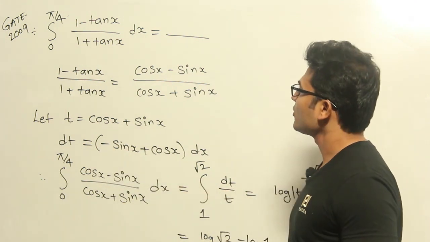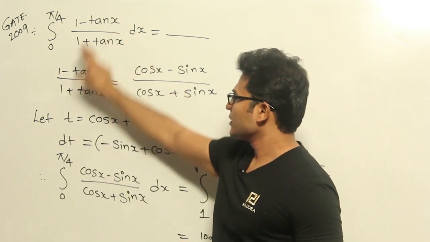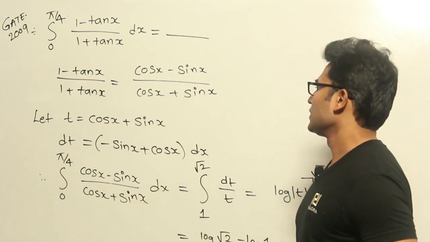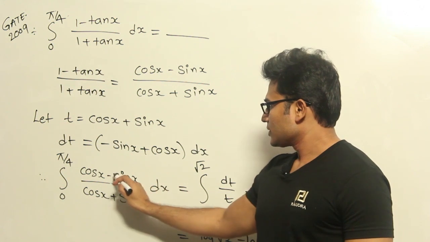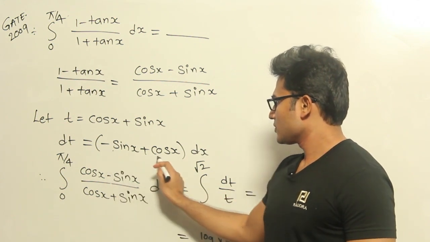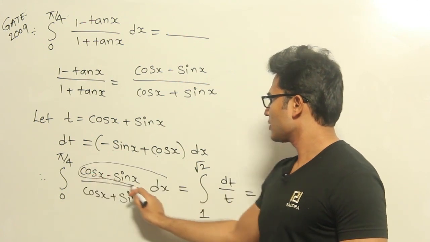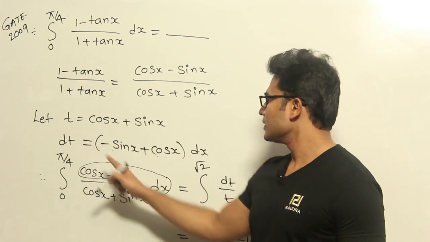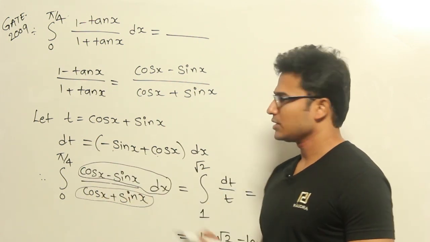Therefore, this entire integral can be written like this. In this we are going to substitute. In place of (cos x minus sin x) dx, the entire expression can simply be replaced with dt, and sin x plus cos x can be replaced with t.